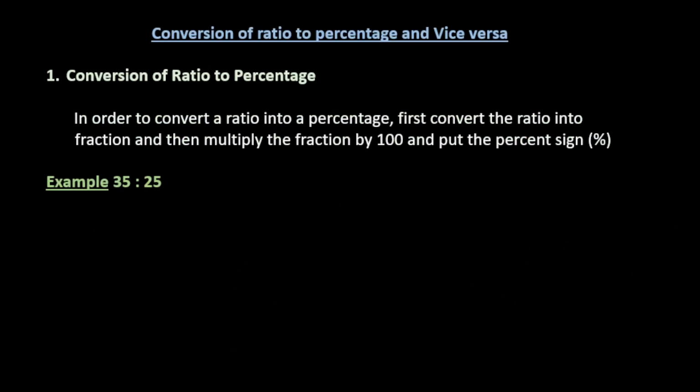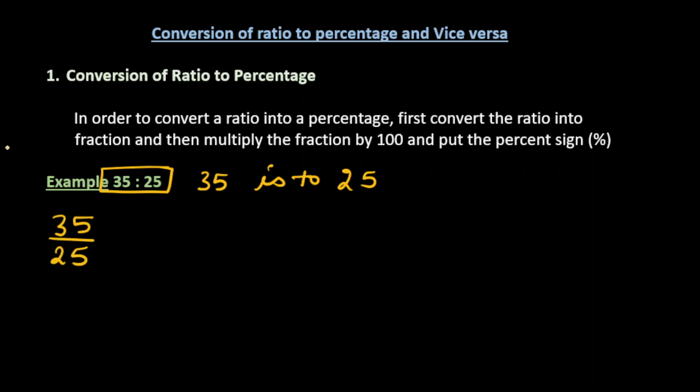Let's do the next concept now. Next one is conversion of ratio to percentage and vice versa. So it's very simple. One ratio is given to us, 35 is to 25. These two dots we can write in the form of a fraction as well.